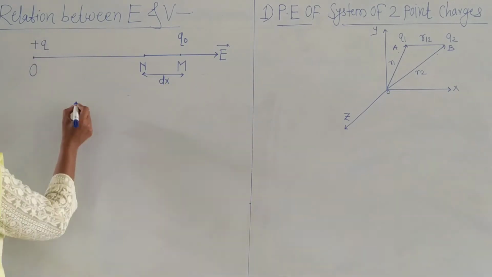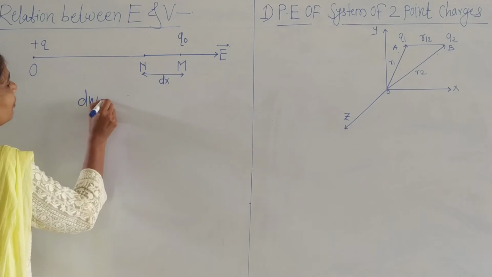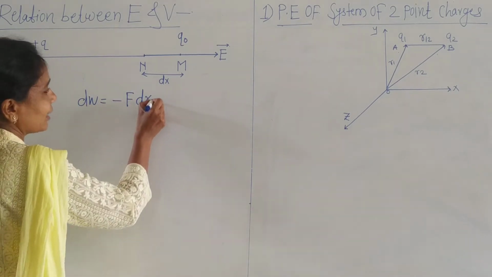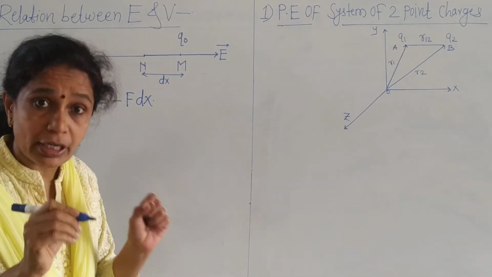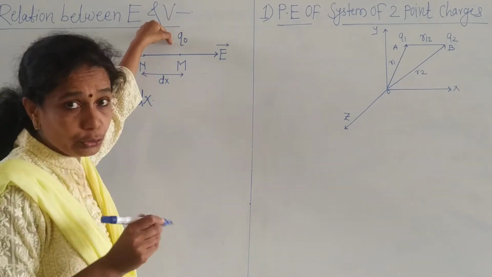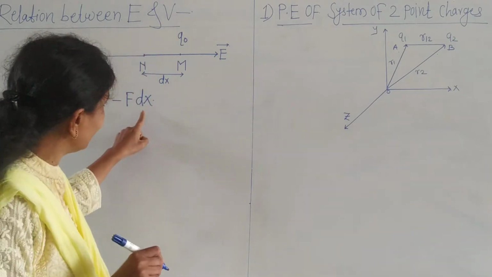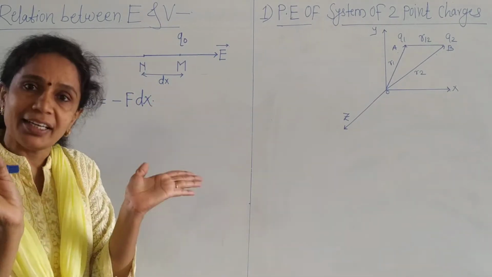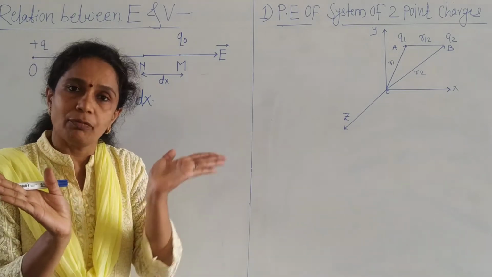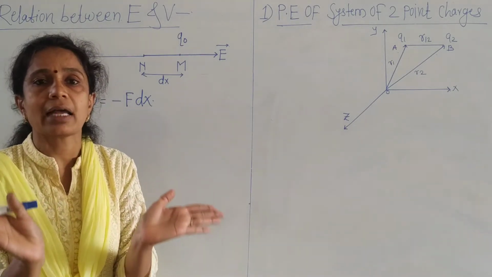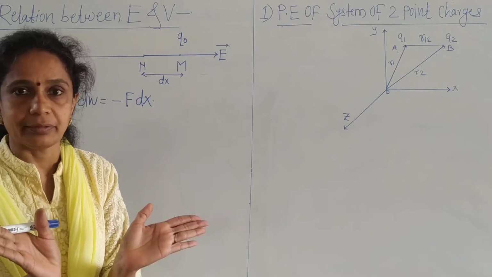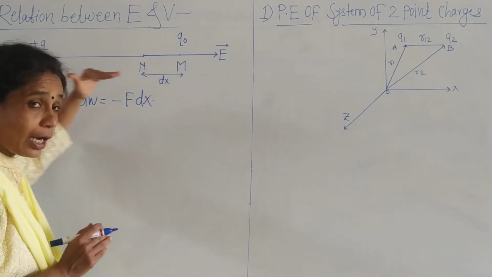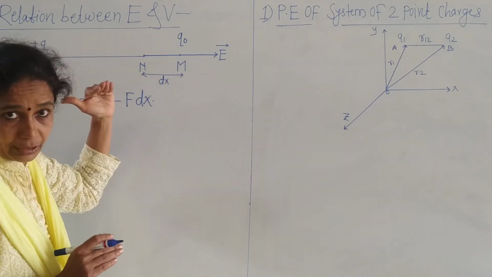That work done is given by the formula dW is equal to minus F into dx, where F is the electrostatic force acting on the unit positive charge and dx is the displacement. The negative sign indicates that the force and the displacement are in opposite directions. The direction of the electric field is along the OM vector.